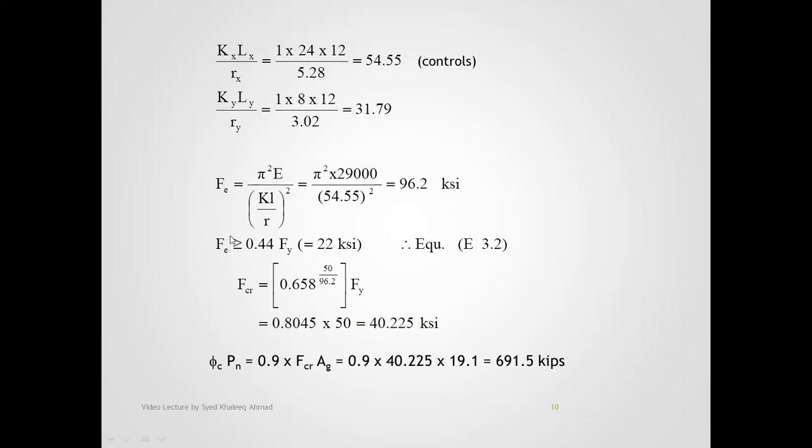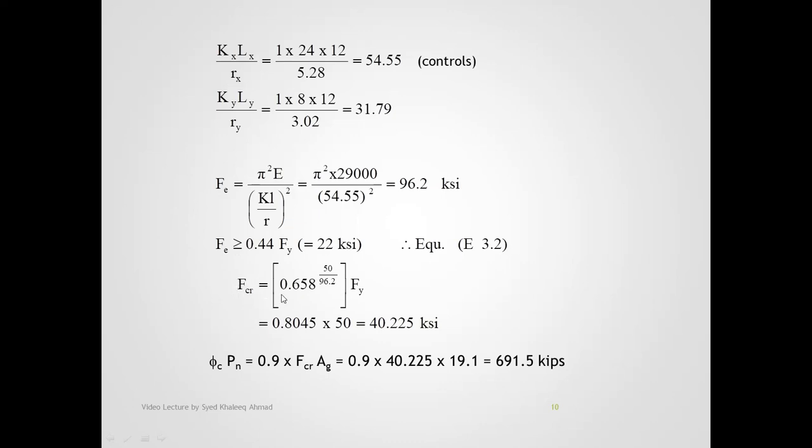So if Fe is greater than or equal to 0.44 Fy, that is the criteria, then we will use equation 3.2. Now we check whether it is satisfied, because Fe is 96.2 and 0.44 Fy is 22 KSI. Therefore, this is satisfied, so we will be using this equation.